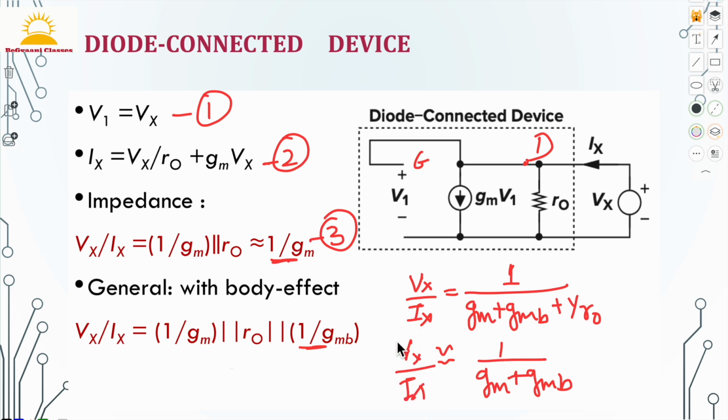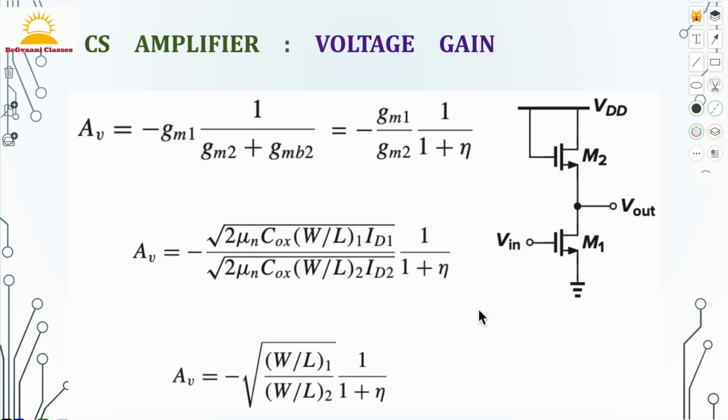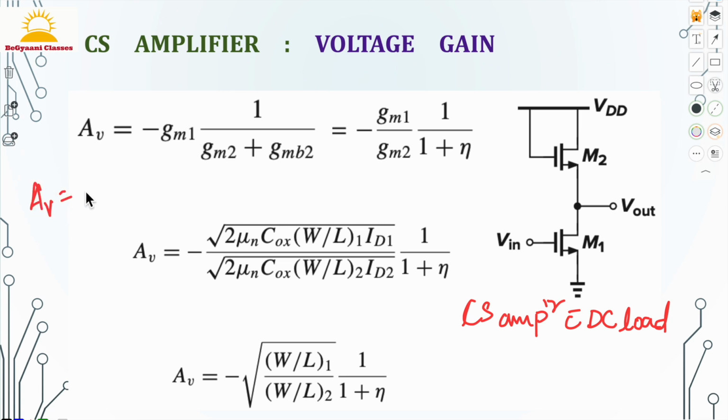Now let's find out the voltage gain of the whole amplifier where the diode connected device is its load. This is the circuit of the common source amplifier with diode connected load. We have already found the impedance of the diode connected device, that is 1 upon gm2 plus gmb2, equation 5, and the voltage gain of the common source amplifier is minus gm1 times the load. Why M1?